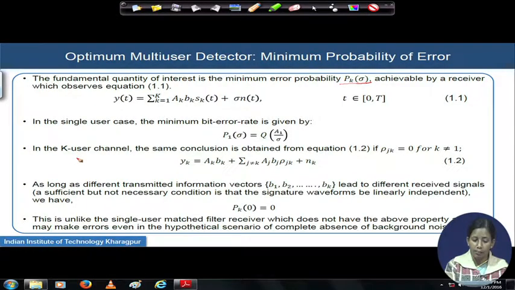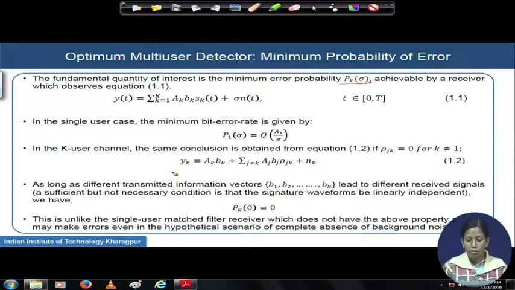If I extend it now to the K-user channel, then for the kth user you will receive the interesting part of the signal related to the kth user, and also the interference from the other users and the noise associated with this kth user.